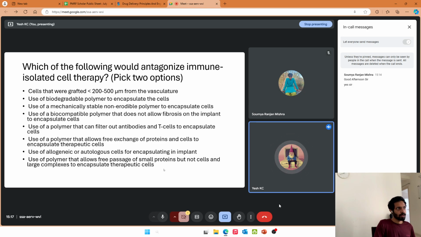Use of polymer that can filter out antibodies and T cells to encapsulate the cells. Use of a polymer that allows free exchange of proteins and cells to encapsulate therapeutic cells. Use of allogenic or autologous cells for encapsulating an implant, or use of polymer that allows free passage of small proteins but not cells and large complexes to encapsulate therapeutic cells. Which of the following would antagonize immune isolated cell therapy, or work against it?